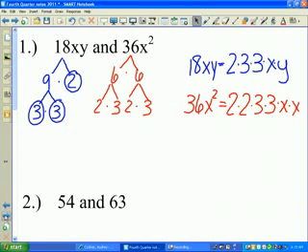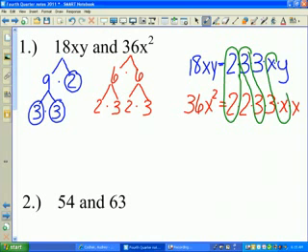So if I'm trying to find the greatest common factor, I want to see what they both have in common. So I notice that they have a set of 2's in common, and they also have a set of 3's in common, and one set of x's.